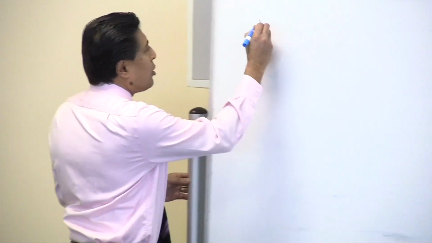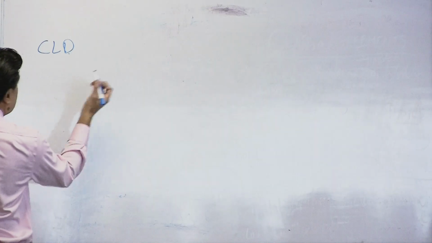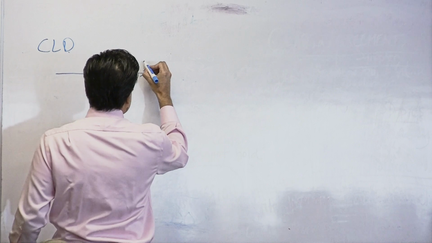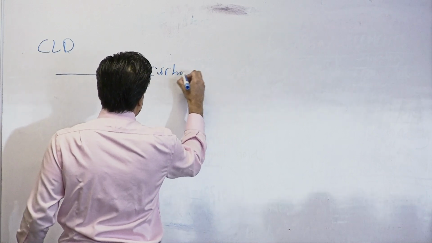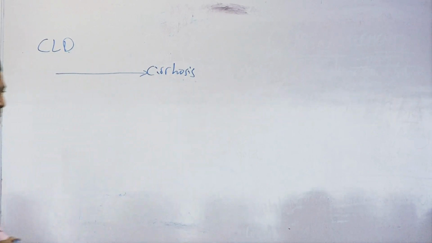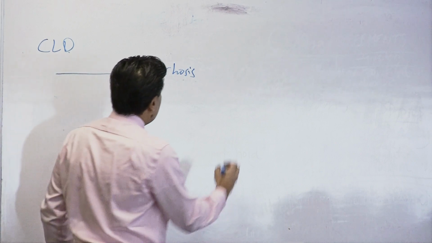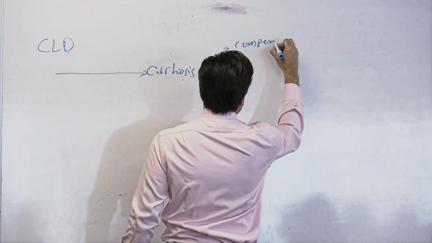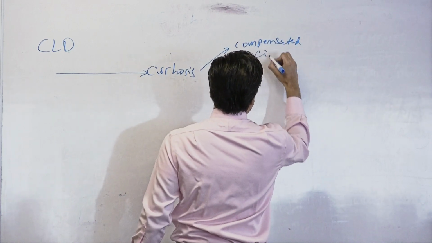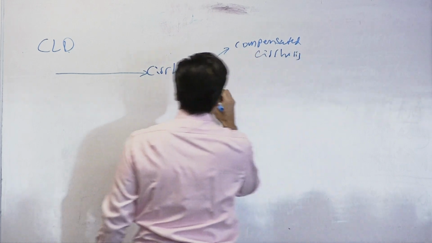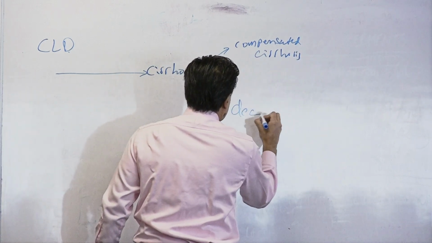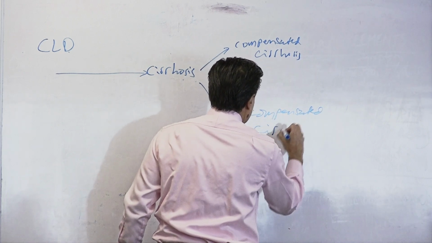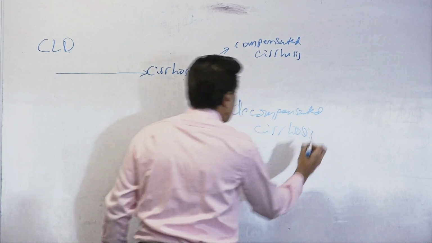So you start off with chronic liver disease. Your patient has chronic liver disease. Over time, they develop cirrhosis, and from cirrhosis, you can either stay compensated or become decompensated.